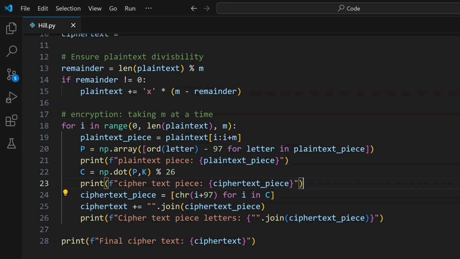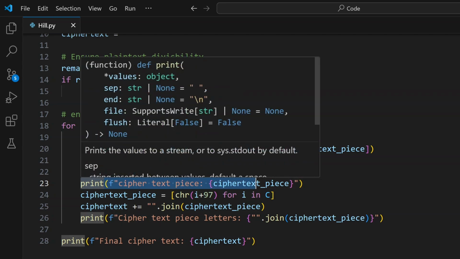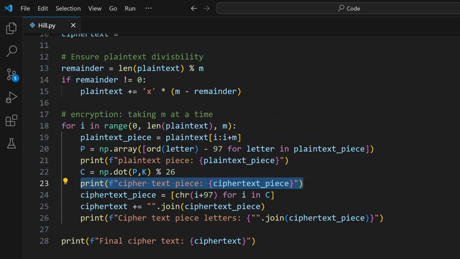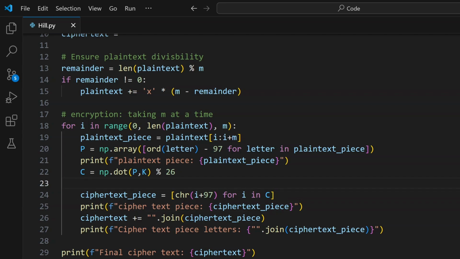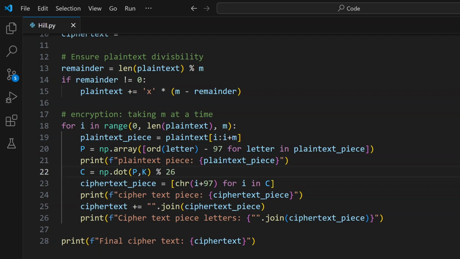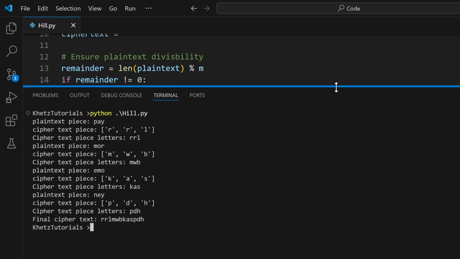Line 23. So at line 23, it's not defined there, which makes sense. I tried to use it before its definition. So let's put it after that, and we should be good to go. So let's rerun this, and these are our results.